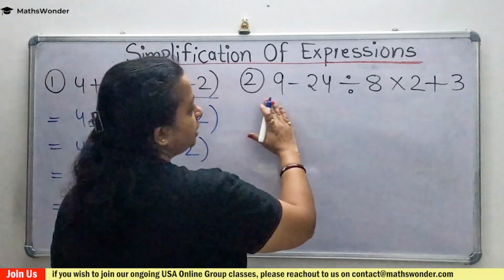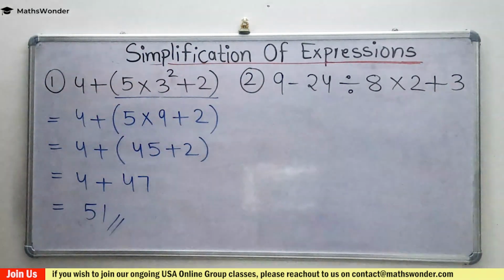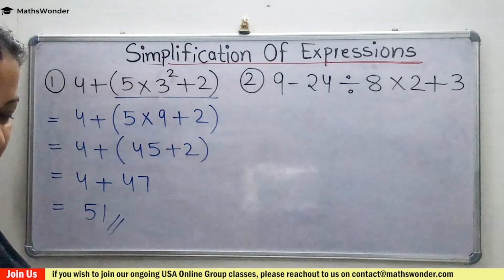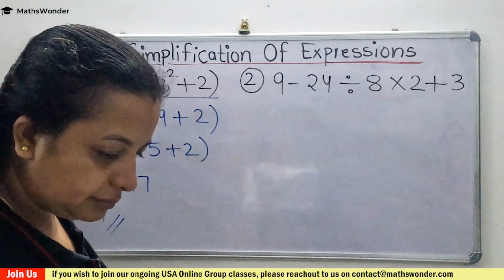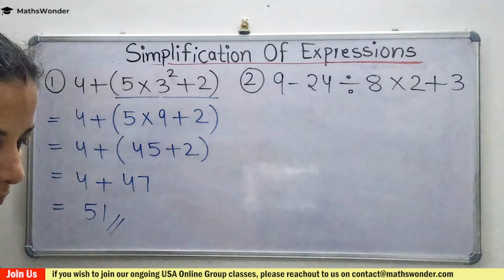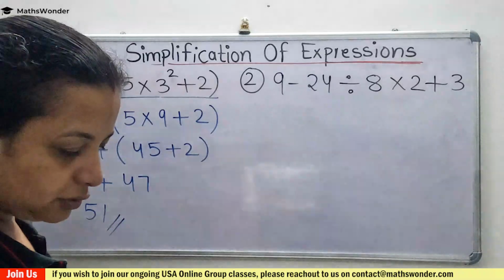Now, in this, which part will you solve first according to the order of operations? The division part. Then 9 minus 3 will be... So what is the answer?